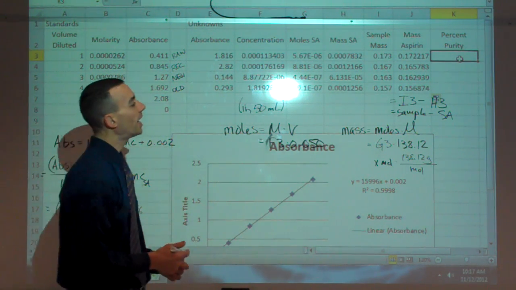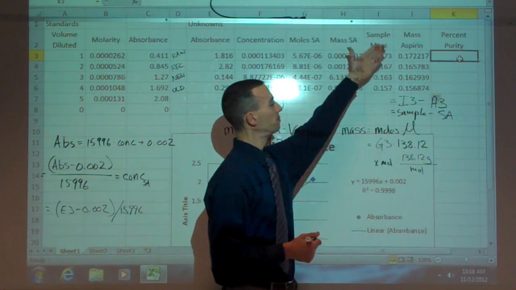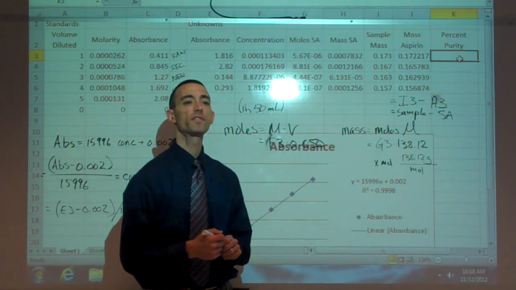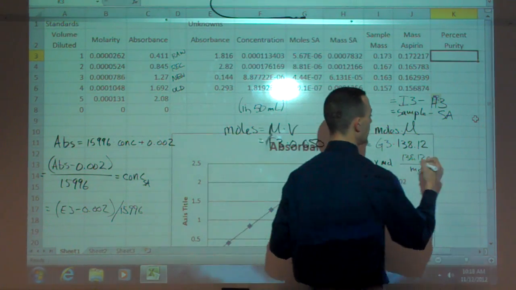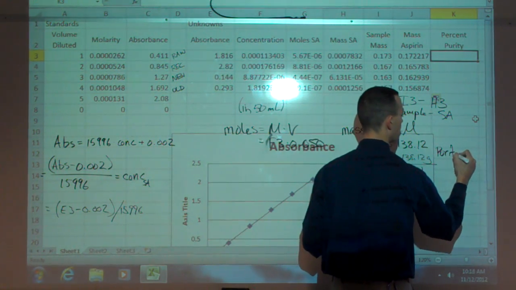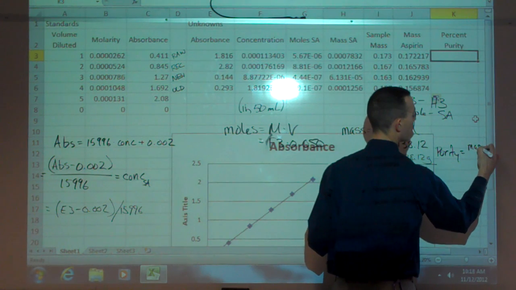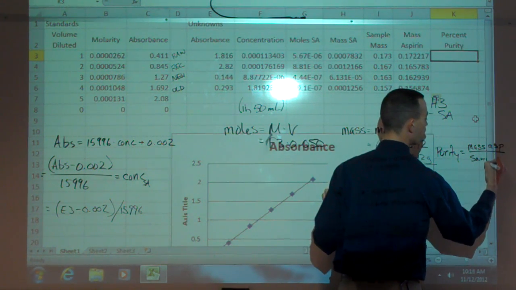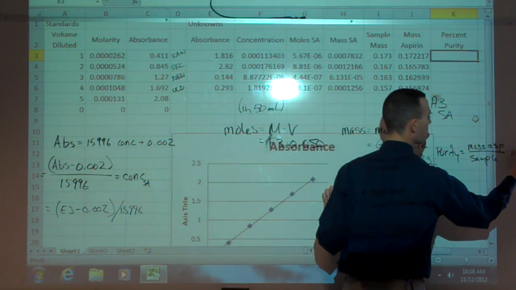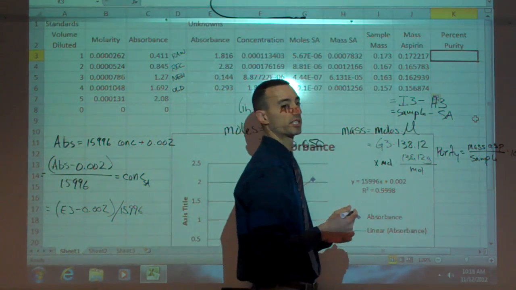Okay? Now we can express these masses of aspirin in terms of the percentage purity. And so purity is always going to be the mass of the aspirin divided by the sample mass times 100, so that it's on a purity scale.